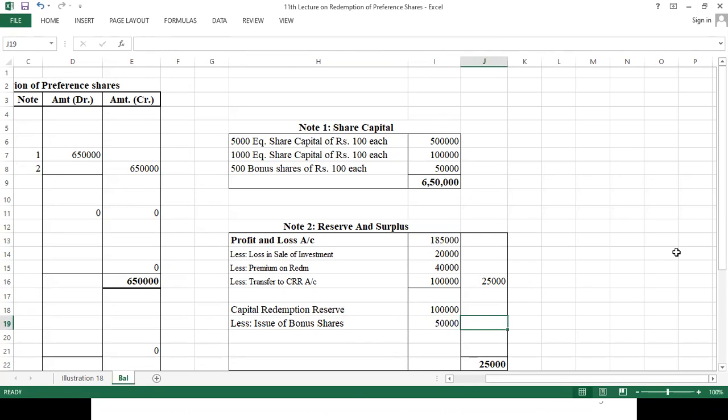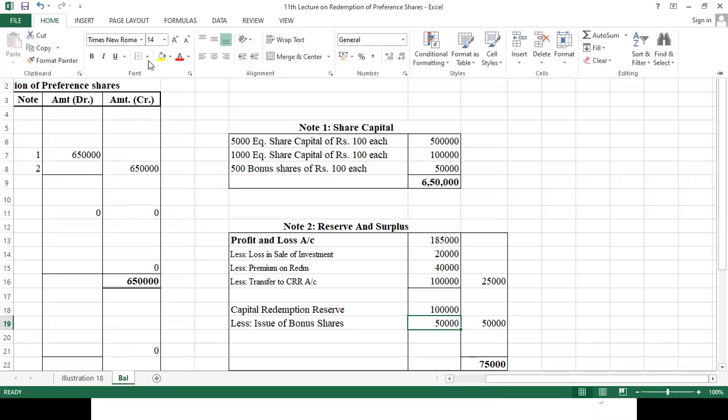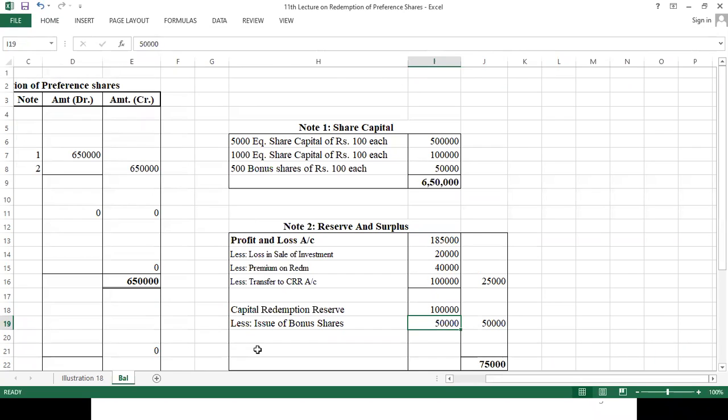So balance is 50,000. And after that, we have the last thing, that is security premium. This security premium we got at the time of issue of equity shares 40,000. So total we got 1,15,000.